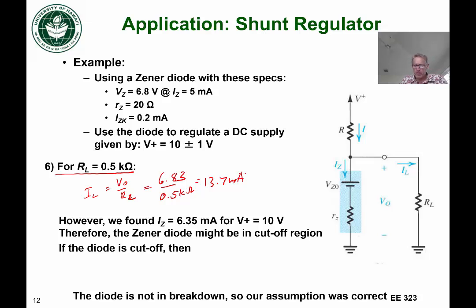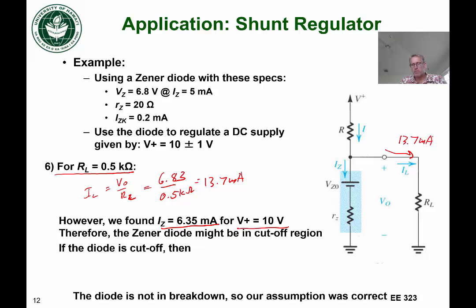Now, we had previously found that IZ was 6.35 milliamps for V plus equal 10 volts. And if this voltage stayed at 6.83 volts, this would be 13.7 milliamps.